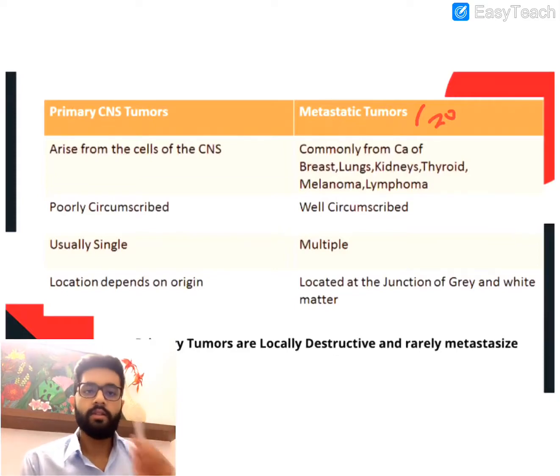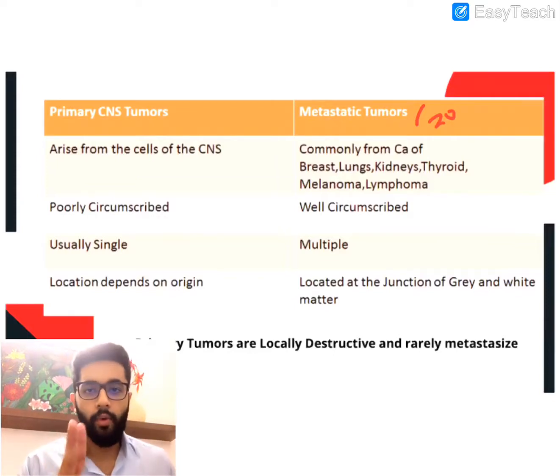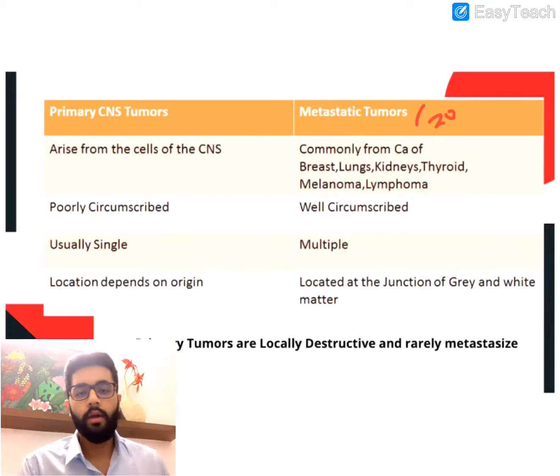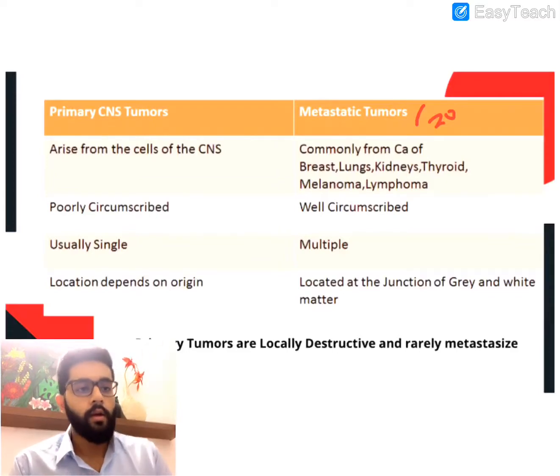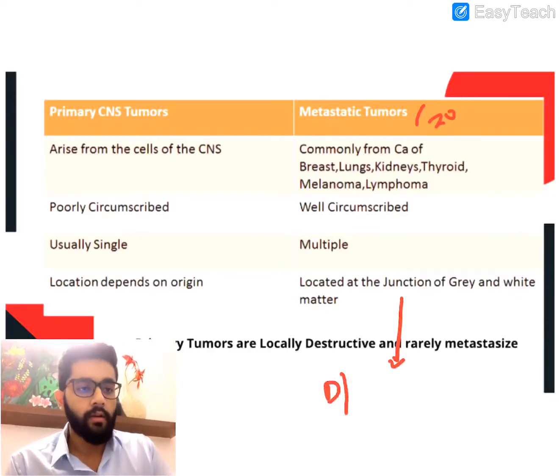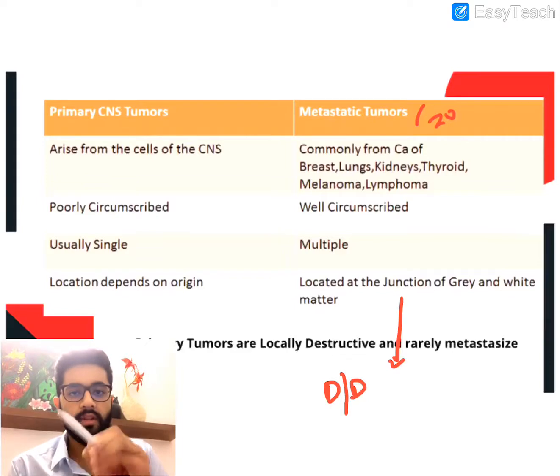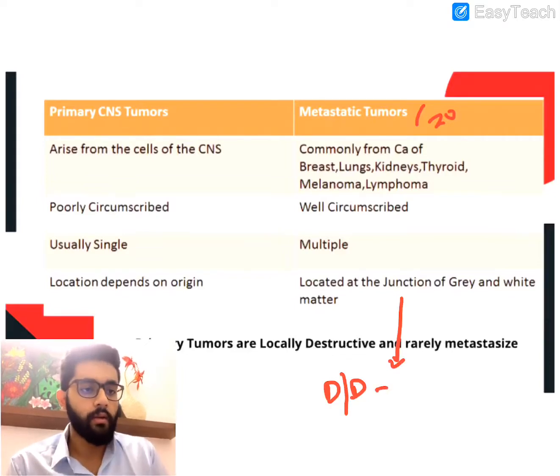And let's review once more. Primary CNS tumors are usually single and poorly circumscribed, whereas secondary or metastatic CNS tumors are well circumscribed and multiple in number, usually located at the junction of the grey and white matter. One more point that I'd like to put forward is that another pathology found at the junction of the grey and white matter, which acts as a differential for the metastatic tumor, is brain abscess.